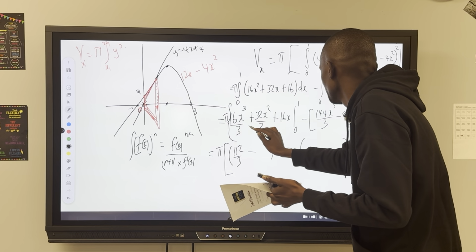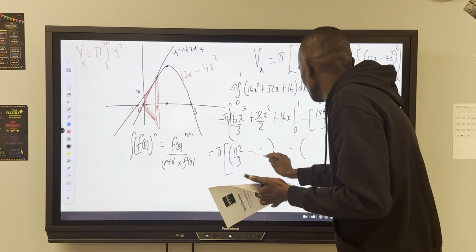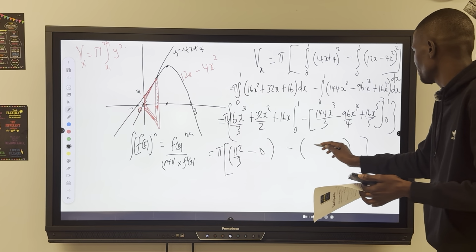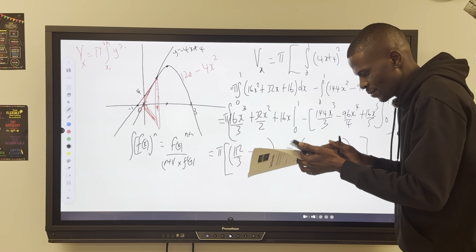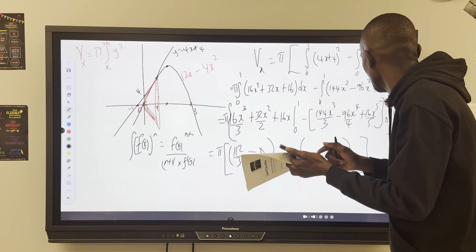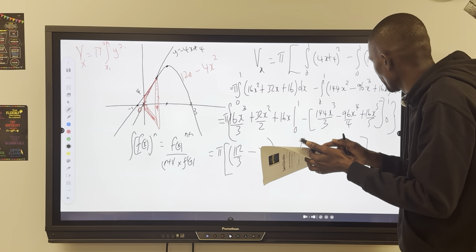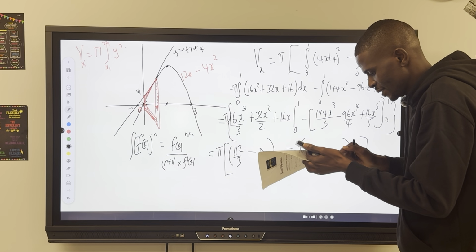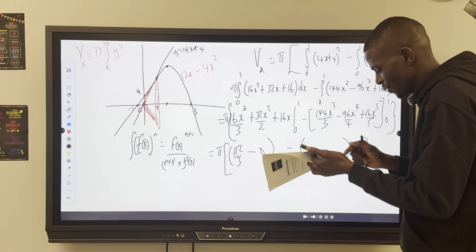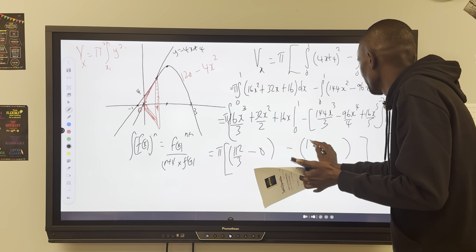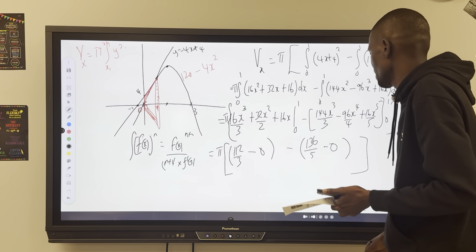Plugging in 0 gives just 0 since all terms have x. Then subtracting, the same here: 144 over 3 minus 96 over 4 plus 16 over 5, which is 136 over 5, minus 0.